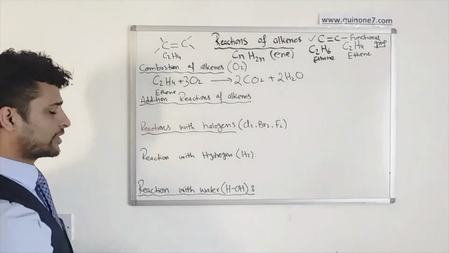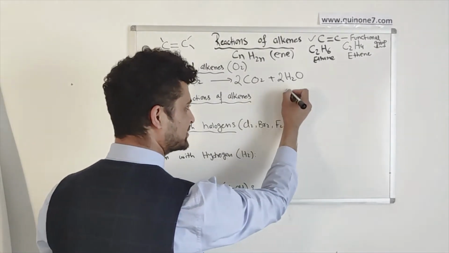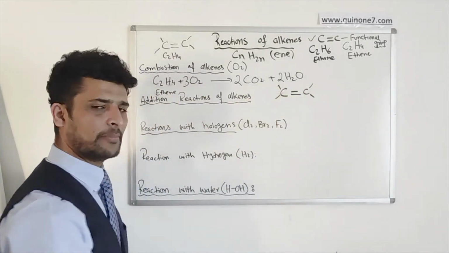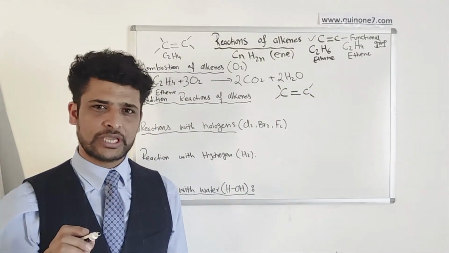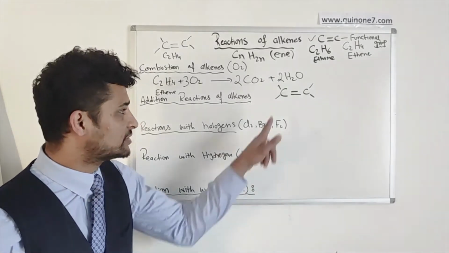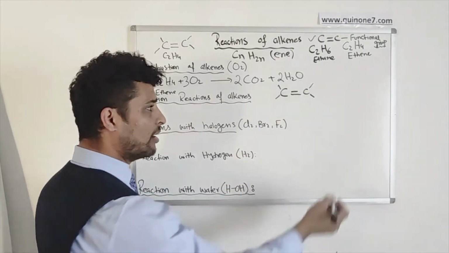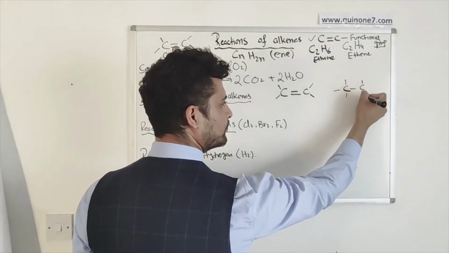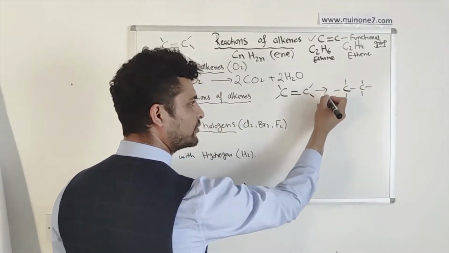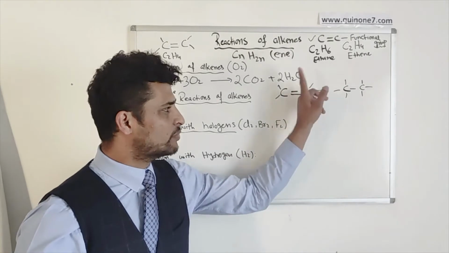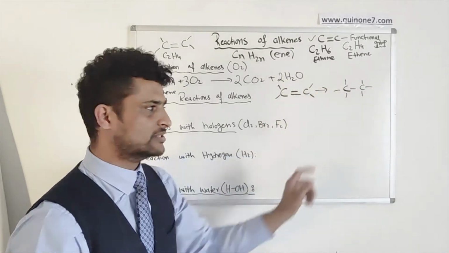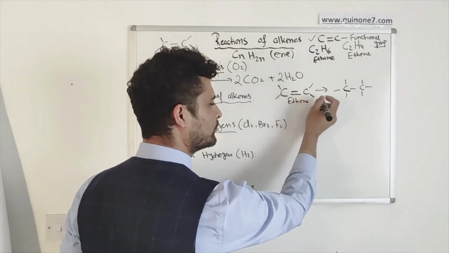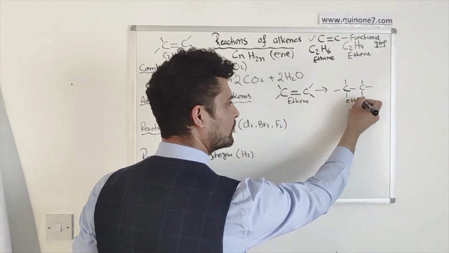Now the second reaction, you need to understand this. When alkenes, where you have a carbon to carbon double bond, undergo an addition reaction, that means this double bond will be broken. Carbon can have 4 bonds. So when they undergo addition reaction, alkenes are converted into alkanes, so ethene will be converted into ethane.